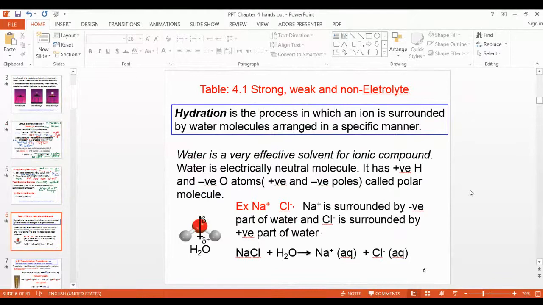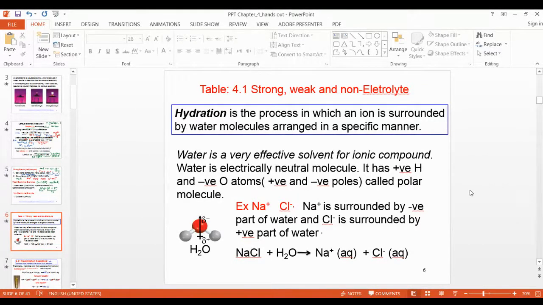Hydration, actually, it is a process in which you will see how these electrolytes are dissolved into water. This is the method of hydration, meaning how the reaction occurs, how this NaCl dissolves into water, how this strong acid dissolves into water, how this non-electrolyte dissolves into water.